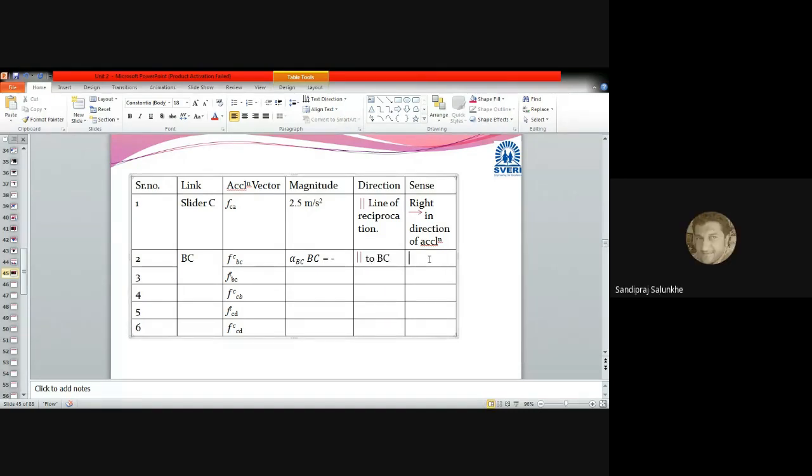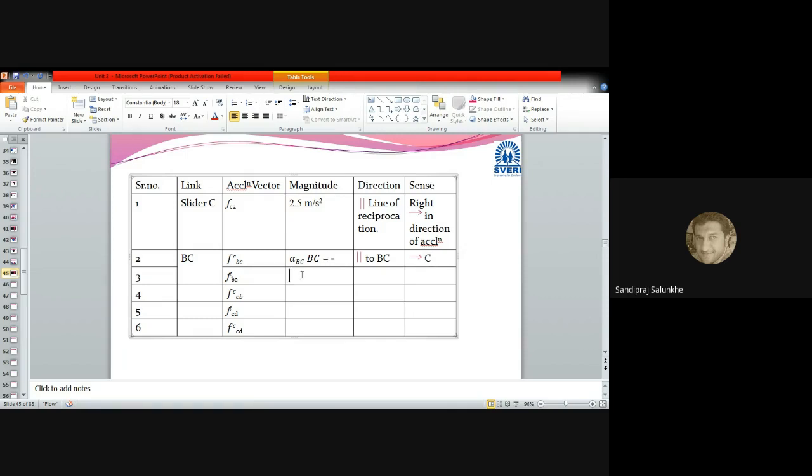Since we are saying towards the center of rotation, and here the center of rotation is C now, because we are talking about the link BC, and the point C is known, and we are moving from C to B. That's why we are taking C as the center of rotation. So towards C.